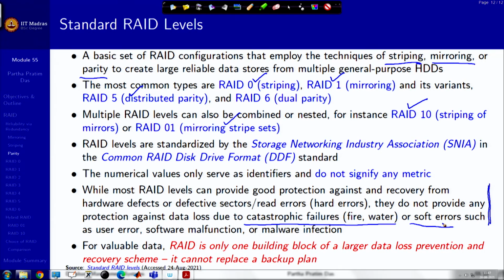So, the thought that you must cast in your mind very strongly is that RAID is only a building block to prevent larger data loss and provide recovery for that, but it is not a replacement for a backup plan. It has to come along with the backup plan that is already required.